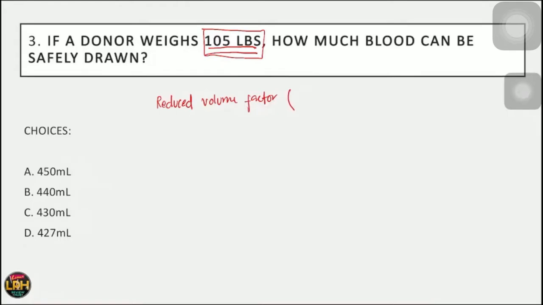The question is using the pound unit, so we should also use the pound unit as our denominator. This is equal to the weight of the patient all over the required weight for prospective donors, which is 110 pounds.